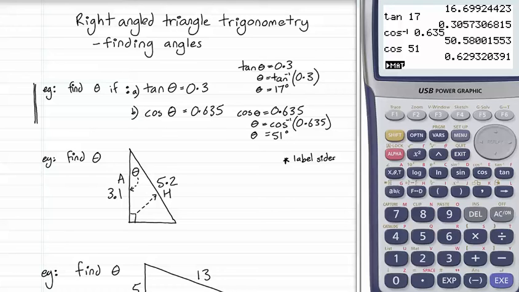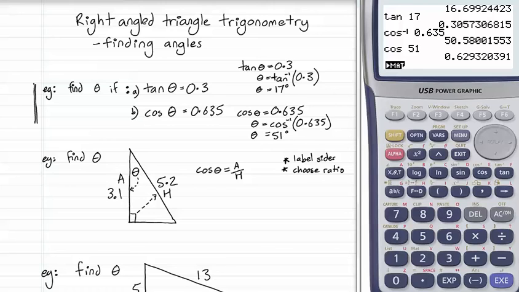My second step is always choose the ratio. Adjacent and hypotenuse means I use the cos ratio. And I write it always. Cos of the angle, cos theta, is adjacent over hypotenuse.